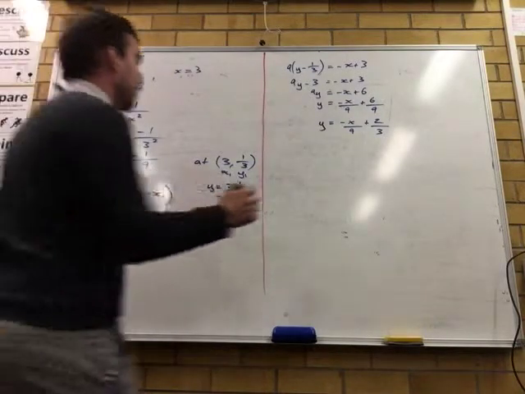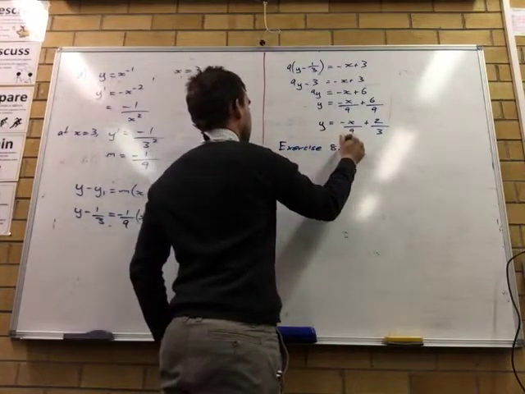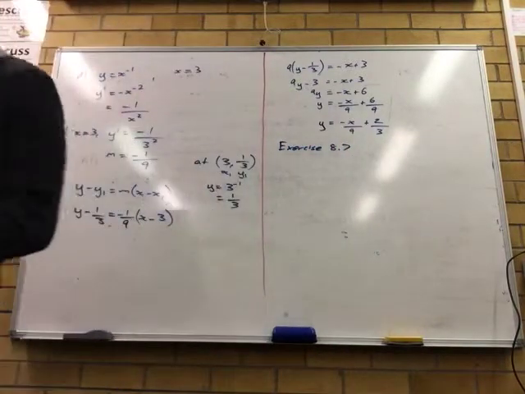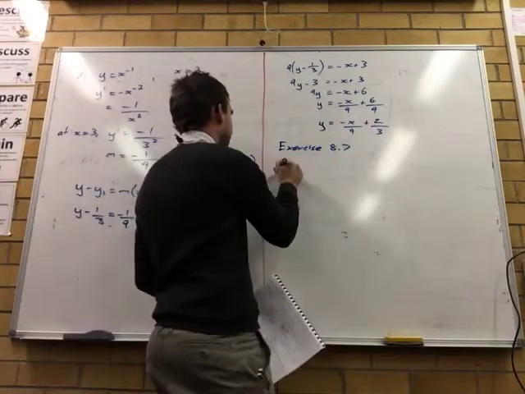Alright, so that's 8.7. Alright, I'm going to do the next bit. Function of a function.